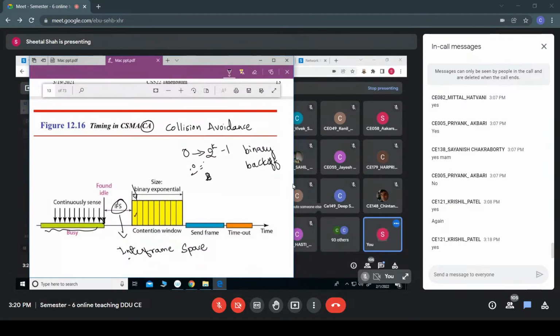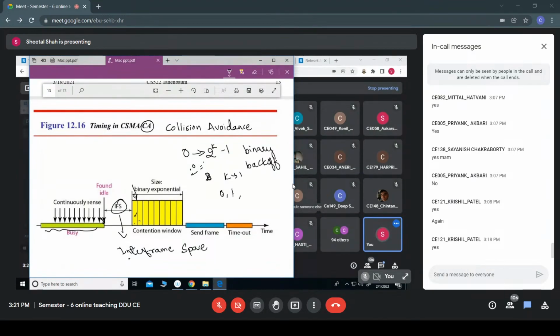Now, if some other station has also started transmitting here, there would be a collision. If there is a collision, then the k value would be incremented by 1. So now it would be 2 raised to 1 minus 1, so there are two slots, either slot 0 or slot 1. As the number of collisions increases, the k value increases, and every time the range is multiplied by 2.